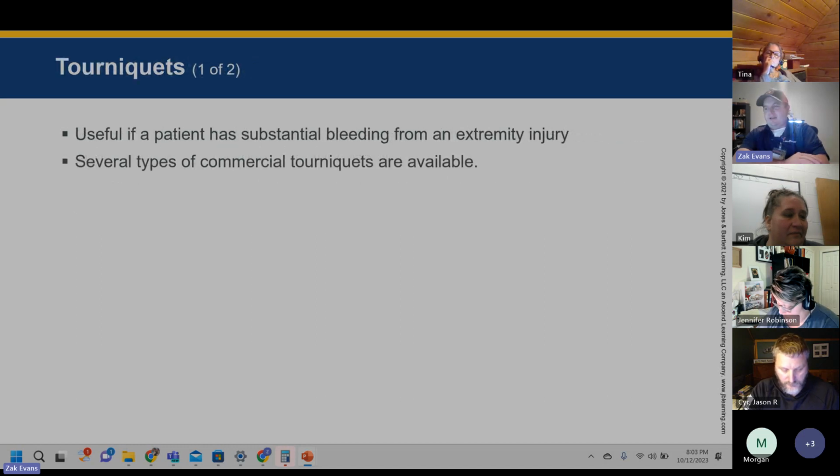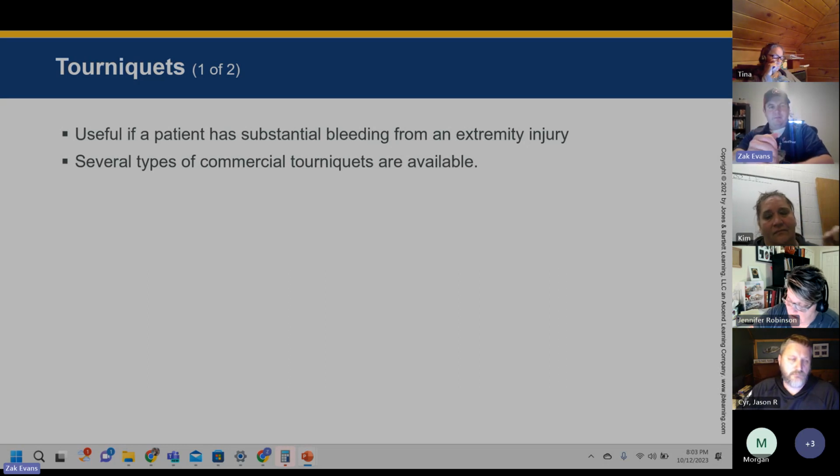So basically this stuff has like a clotting agent that when you put it on the wound, it kind of gels it up. Now in the past, some of the older stuff actually used to burn the patient. It would help cauterize the skin by chemical burns. Some of the newer stuff doesn't do that anymore. So if you have it, it's a good thing to have, but a lot of places don't carry it.